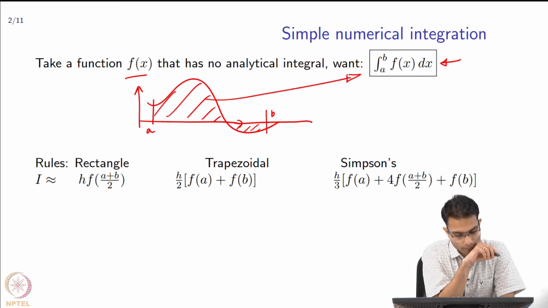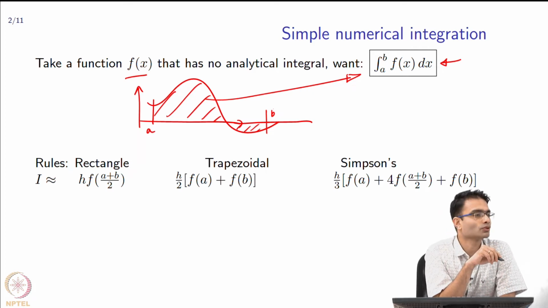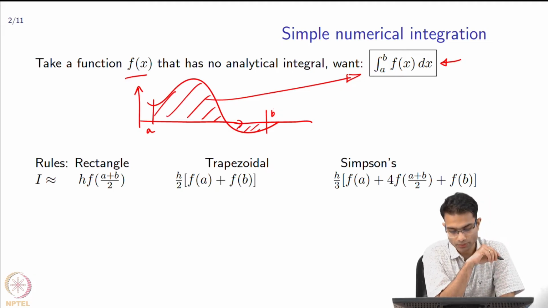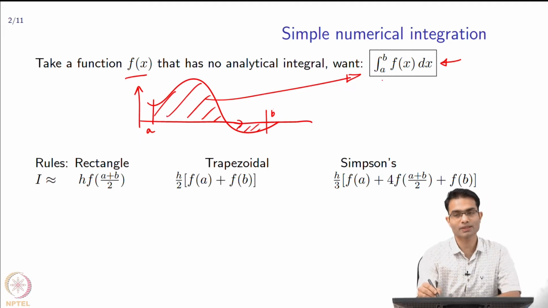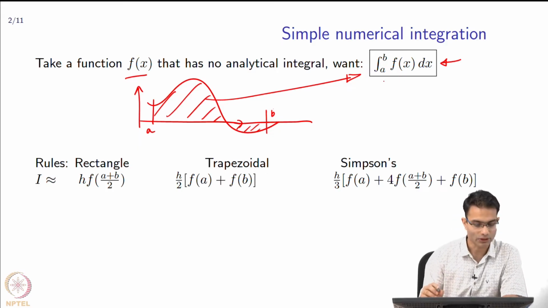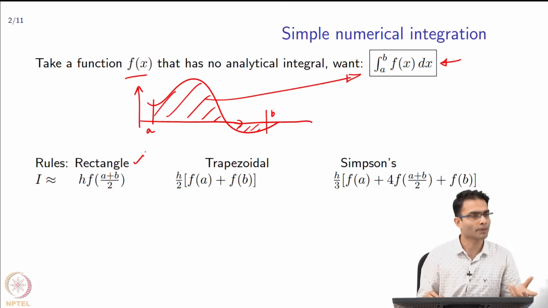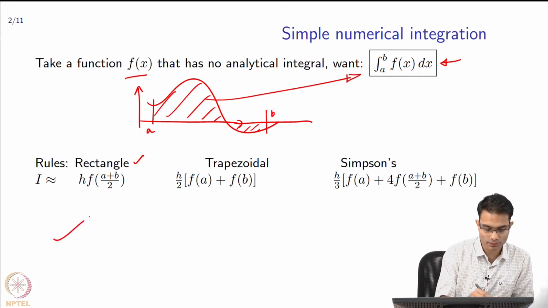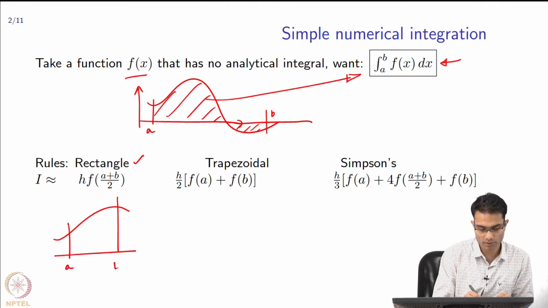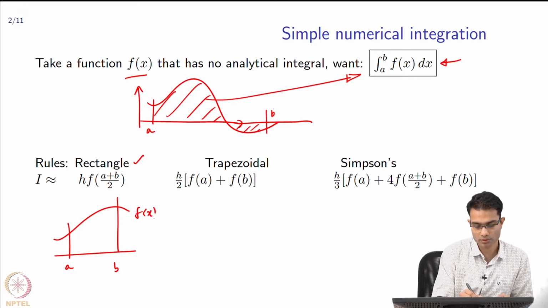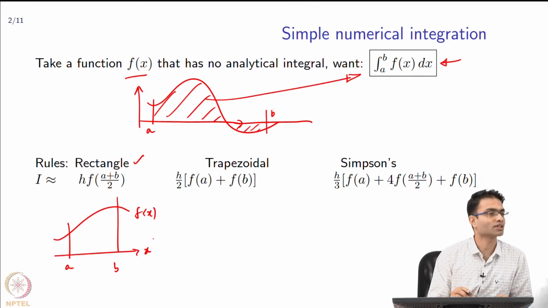Now, you would have also encountered simple rules of integration in your schooling, which are about how to do this integration approximately. The first rule of course is what is called the rectangle rule, or the midpoint rule. If I have some function over here and this is my interval a comma b and this is f of x, then what does it say?